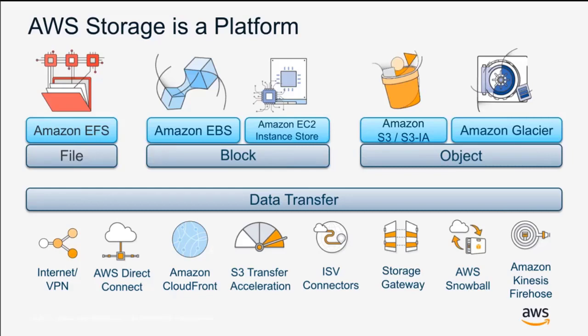For block, we have the Elastic Block Store, which can attach to any instance that is deployed in EC2. There is also the instance store that is coincident with the instance itself that can be utilized for different compute and data transfer tasks. Object storage such as S3 and S3 infrequent access, along with cold storage object platforms like Amazon Glacier.